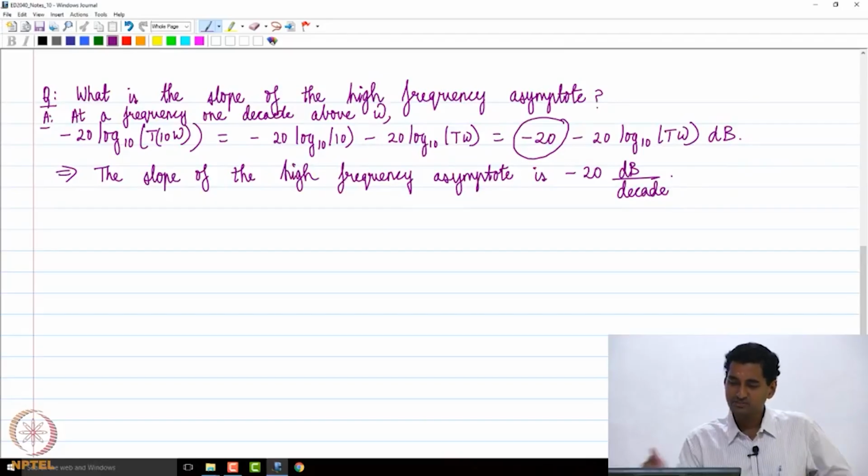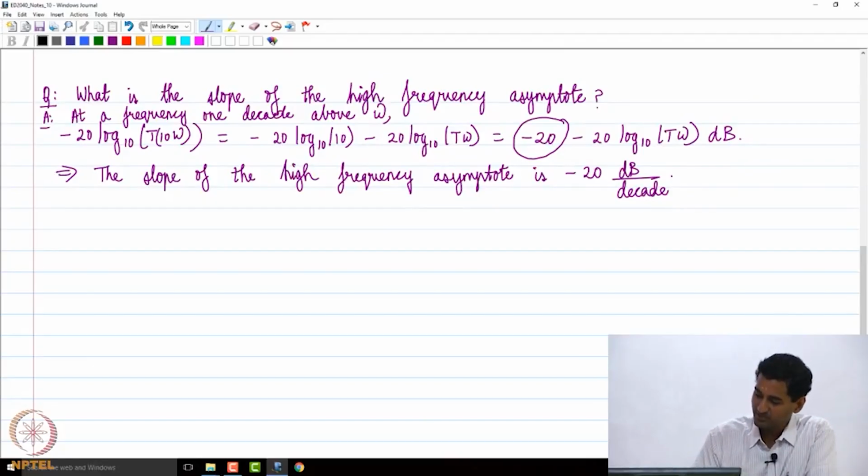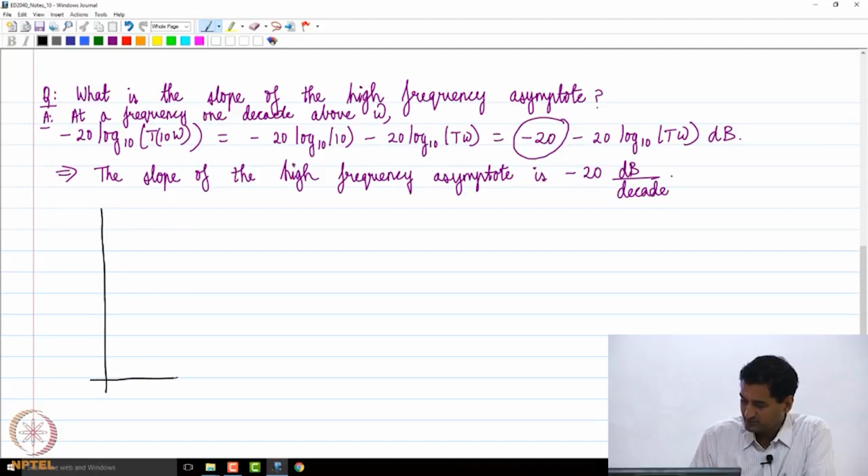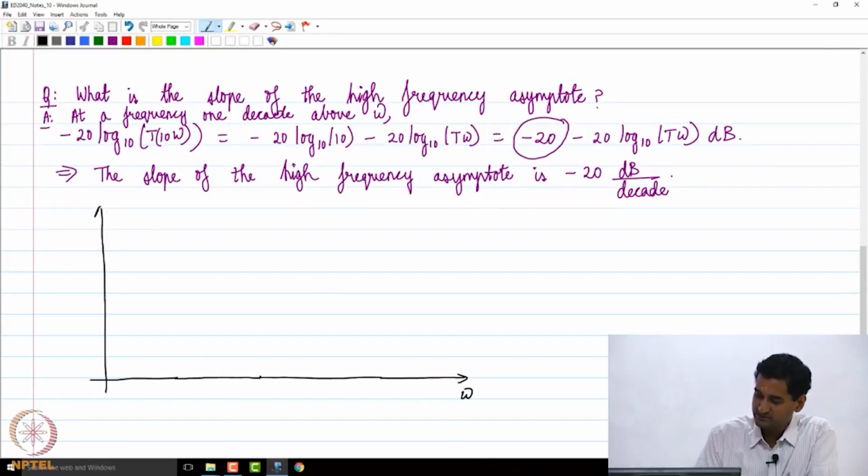So let's plot these two things. Let's draw the magnitude plot. We'll then come to the phase plot. So first let me plot the magnitude plot. Let's say this is omega, and this is the magnitude of G of j omega in decibels.